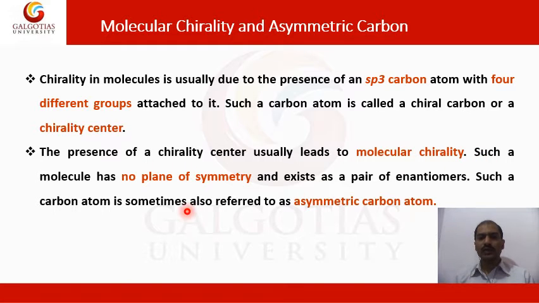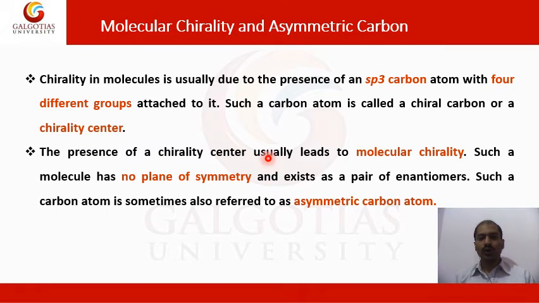Such a molecule has no plane of symmetry, because you will not find any plane of symmetry, and exists as a pair of enantiomers, meaning mirror images of each other. Such a carbon atom is sometimes also referred to as an asymmetric carbon atom.